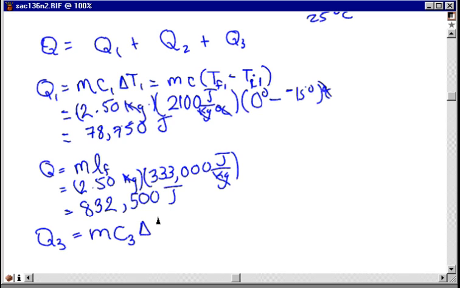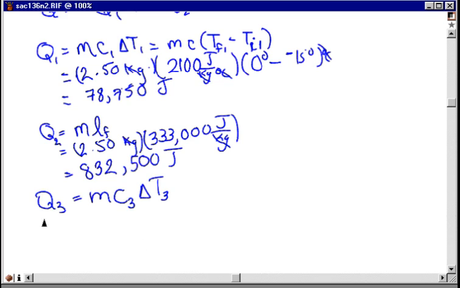The third heat that we need is to raise the water from the 0 degrees it is at this point. By adding the melting heat, we didn't change any temperature, we just changed it from solid to liquid. But we still have the same mass, and we're going to see the new temperature change. So I'll write this as m c3 delta T3.